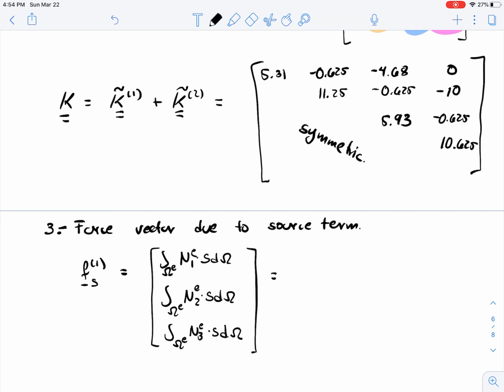So in this case, I can just take it out of the integrals, and I'm going to end up with the integral of shape function 1, integral of shape function 2, and integral of shape function 3.